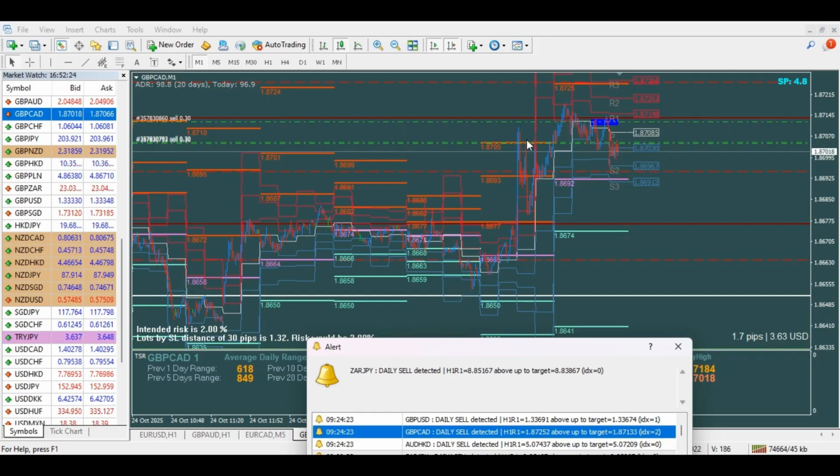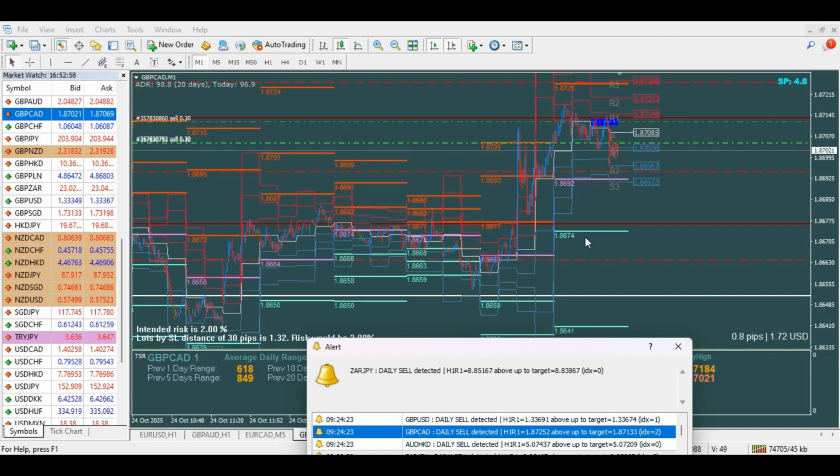The second core condition that the indicator detects is that the current H1 R1, which is this level here, plots above an untouched daily R level. In this case, it was the daily R2.